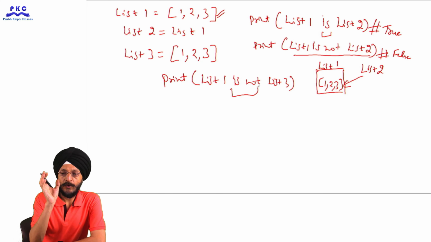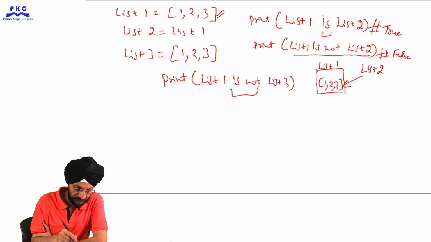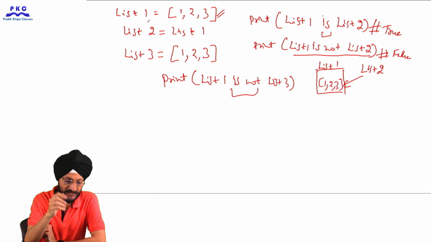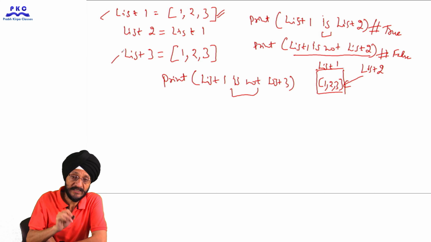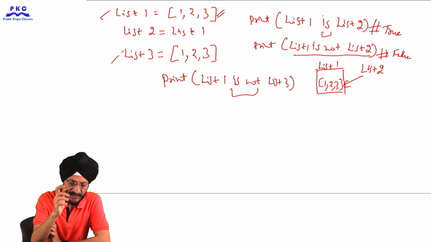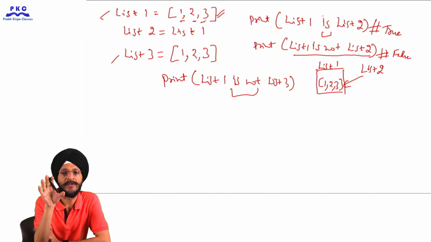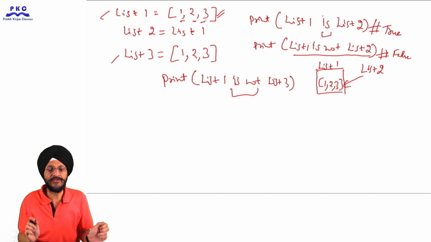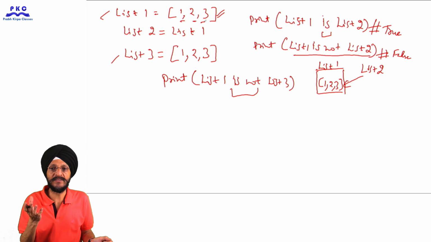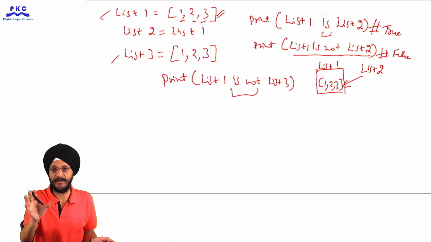On a casual approach, we will find that in case of both the lists, list 1 and list 3, the information contained is the same. That is, both contain the information 1, 2, 3, and both are in square brackets. So we can say that list 1 and list 3 are the same.